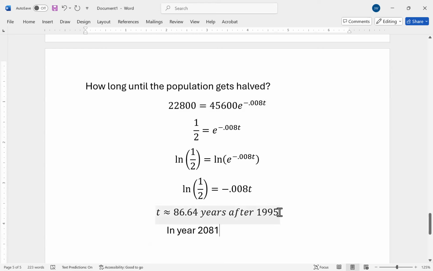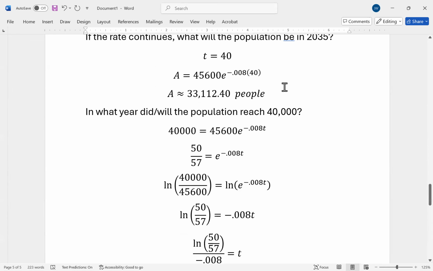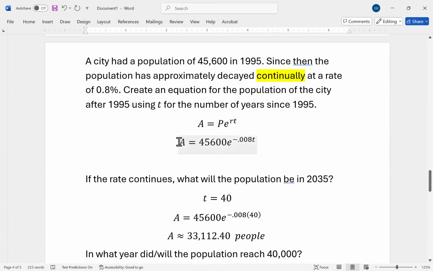So that's how we can solve things like how long until the population gets cut in half. All of that came from our original formula, or our original equation, our original function here. And then we could plug in values for t, solve for a. And now we can plug in values for a and solve for t.